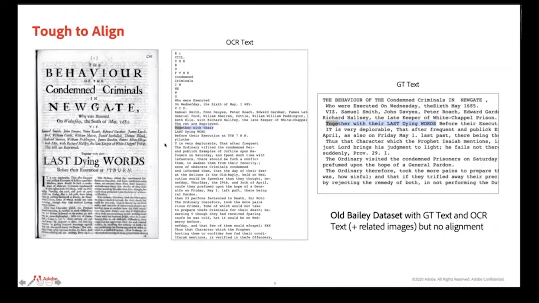But due to this formatting and the bleed-through effect, the OCR text is completely wrong. And when you have two columns, this entire line is read as a single thing, which is again another mistake. You can't easily align this OCR text and ground truth text so that you can map the erroneous tokens to the correct tokens.